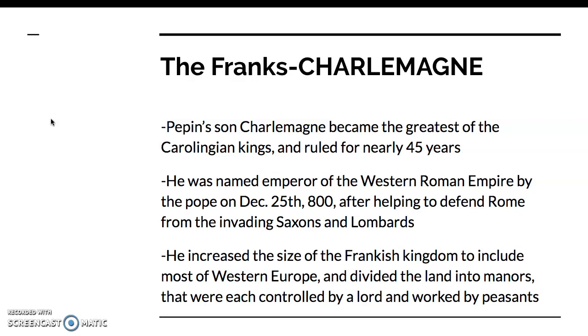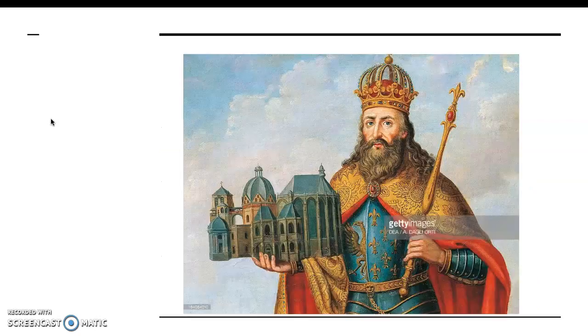He was named Emperor of the Western Roman Empire, which is funny because it didn't exist anymore, by the Pope on December 25th, Christmas Day in the year 800, after helping to defend Rome and the Vatican from the invading Saxons and Lombard tribes. He increased the size of the Frankish kingdom to include most of Western Europe, divided the land into manors, which is going to lead into the feudalistic system that we'll talk about a little bit later on, that are each going to be controlled by a lord and worked by peasants.